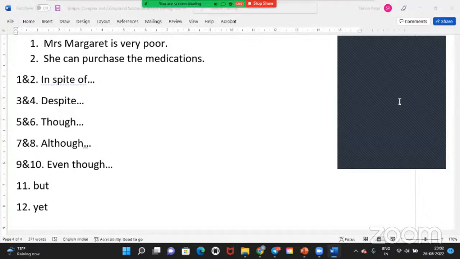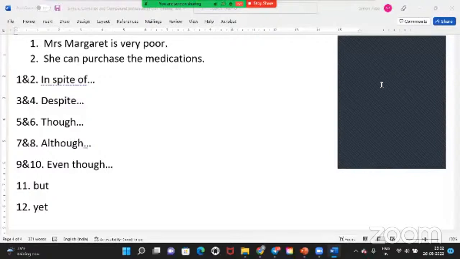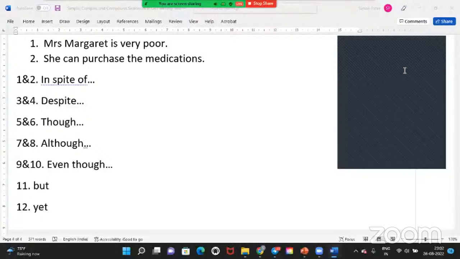Stella Maris, in spite of, I should be a capital letter at the start. Sravanti, despite being poor, Mrs. Margaret, correct. Agatha, correct. Meera Manoj, despite her poverty, Mrs. Margaret can purchase the medications, correct. Although Mrs. Margaret is poor, comma, space is needed, Kareem.